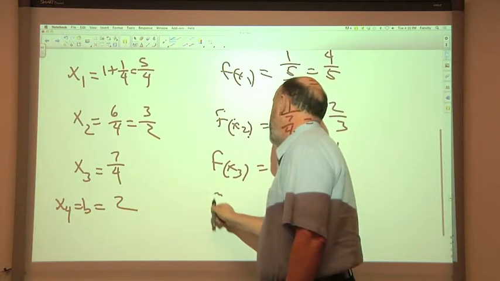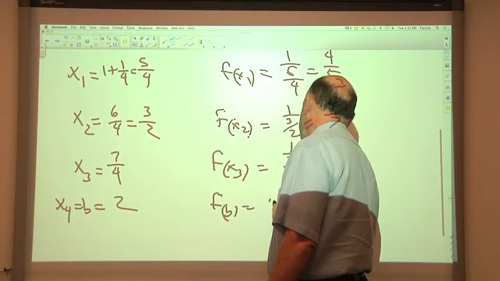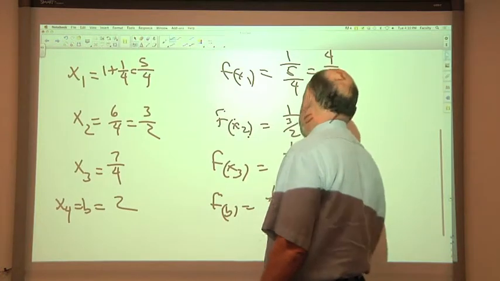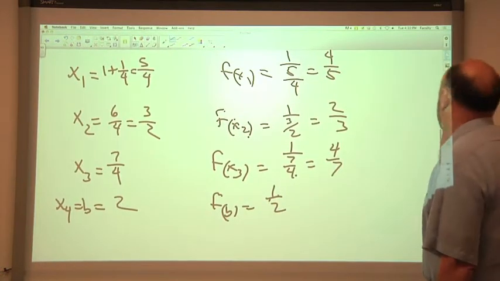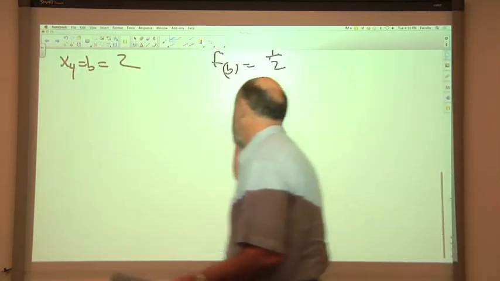And then f of b is going to be 1 over 2. So now we've got all our values, so we plug this into the formula for Simpson's rule.